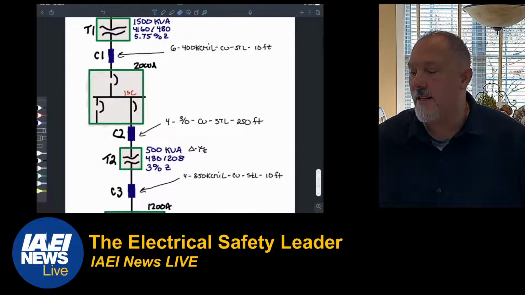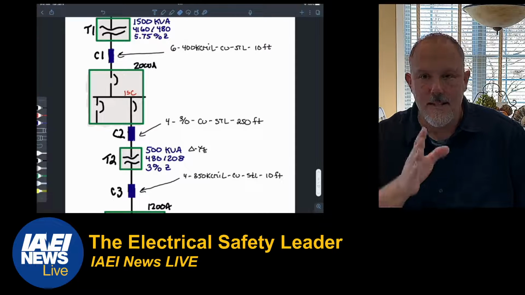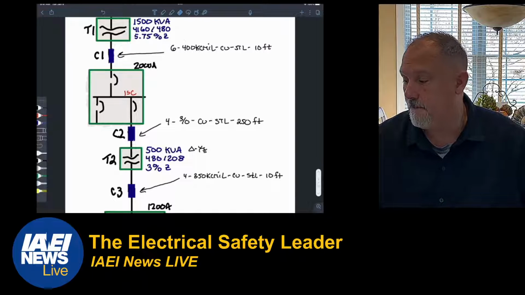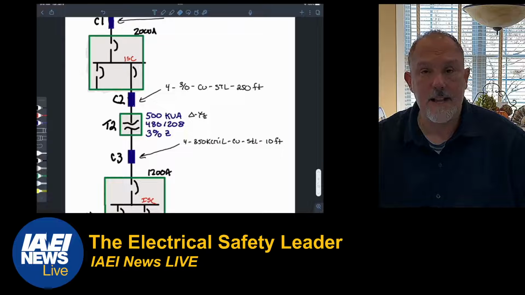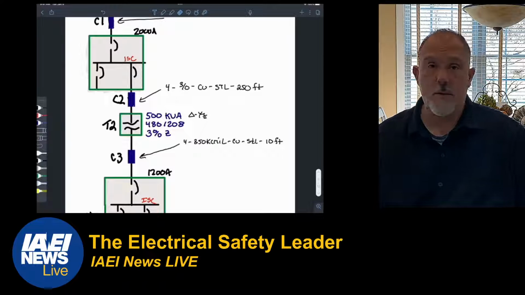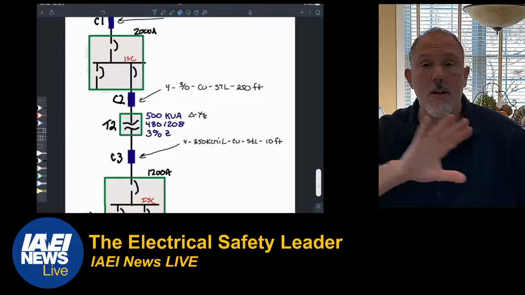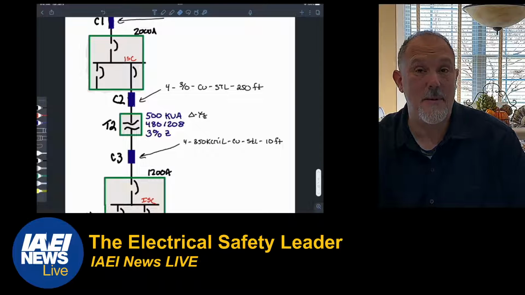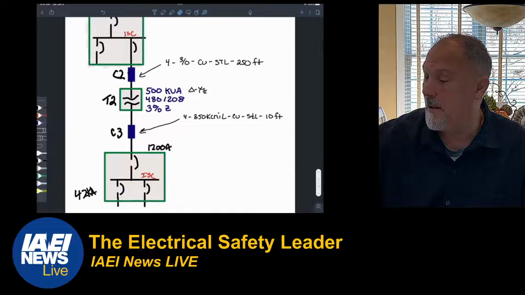All right, so then we have 6 400 kcmil at 6 in parallel, copper in steel conduit at 10 foot, feeding a 2000 amp panelboard or switchboard, whatever, it doesn't matter, because we're not looking at overcurrent devices yet. We'll do arc flash calculations in maybe one of the next sessions.